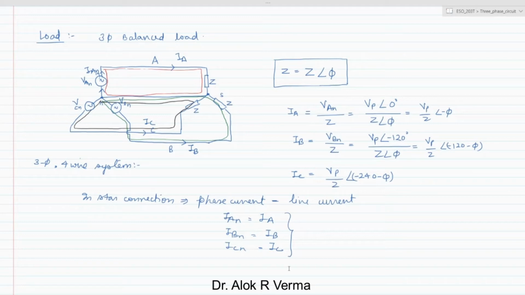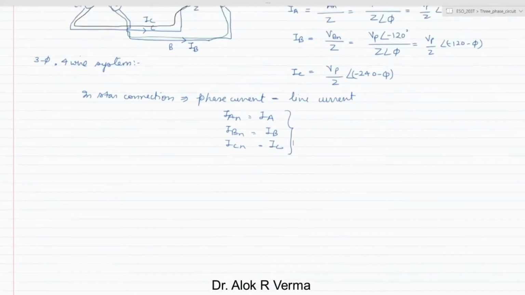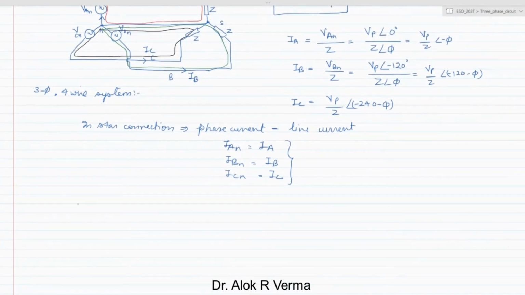One of the interesting properties or calculations, if you see, if you add IA plus IB plus IC, this is nothing but the IN, if you apply the KCL. So basically this is the KCL at node or point N, or junction N, whatever you call.